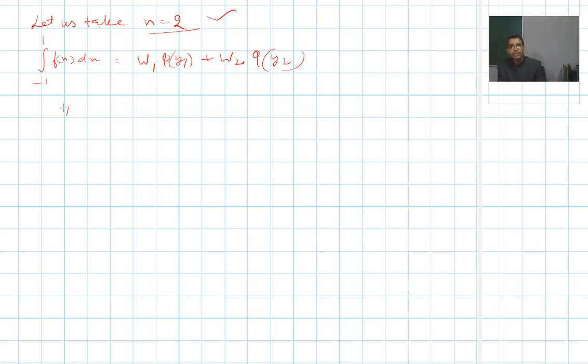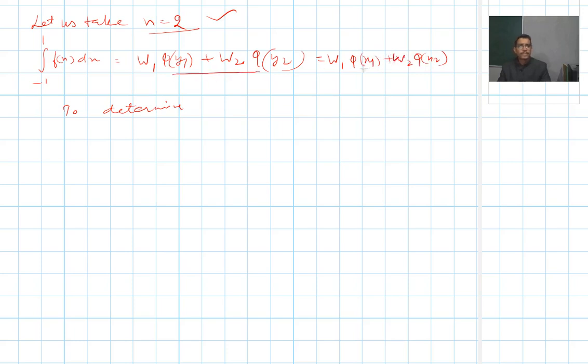Now to derive or to determine, sometimes it is written as w1 phi x1 plus w2 phi x2, right?